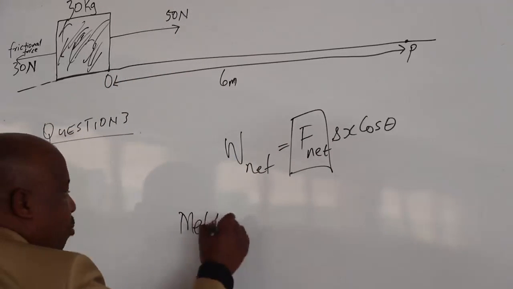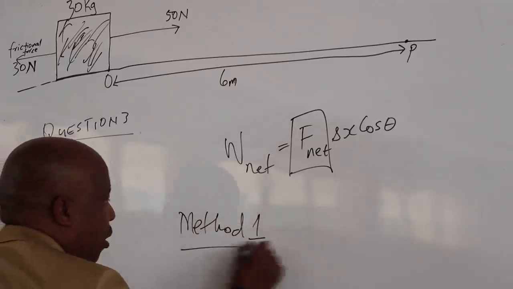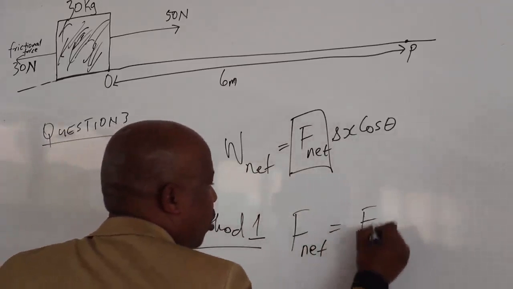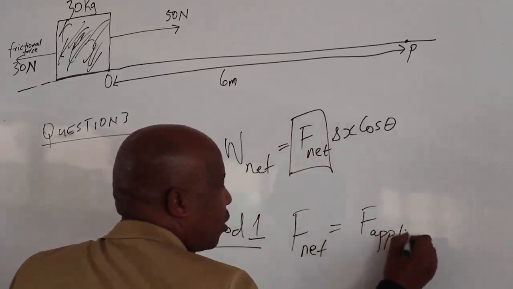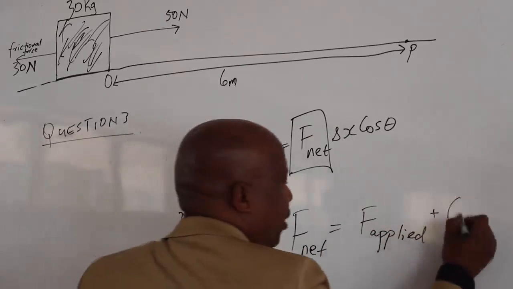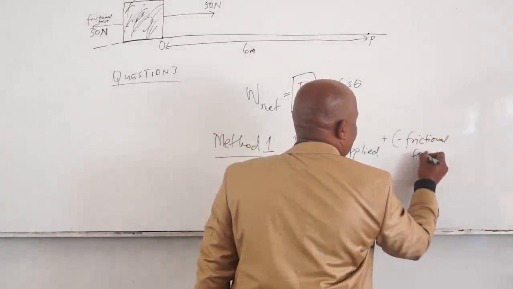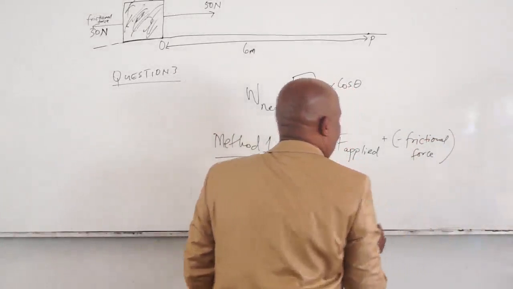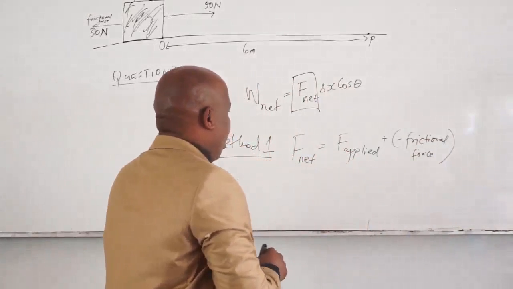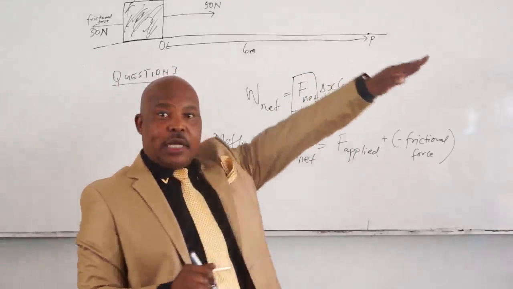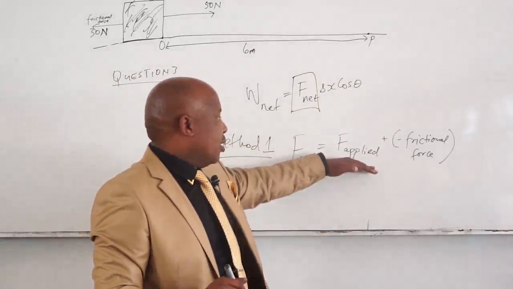Then let's start with method 1. In method 1, I'm going to say F net equal to F applied plus minus frictional force. Okay. Now what happened is, the applied force is in the direction of the motion, it will be positive.